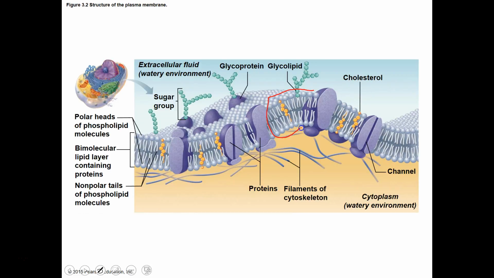If we just looked at these little guys right here, shaped like a pair of legs, remember we talked about those in an earlier chapter and how they make up a cell membrane.